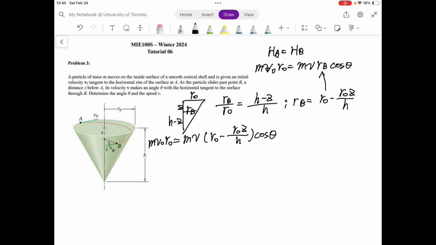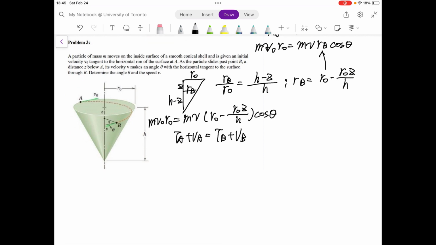Because there's no friction on the shell, the energy is also conserved. So TA plus VA is equal to TB plus VB. If we take this as our reference, the gravitational potential energy at point A is equal to 0.